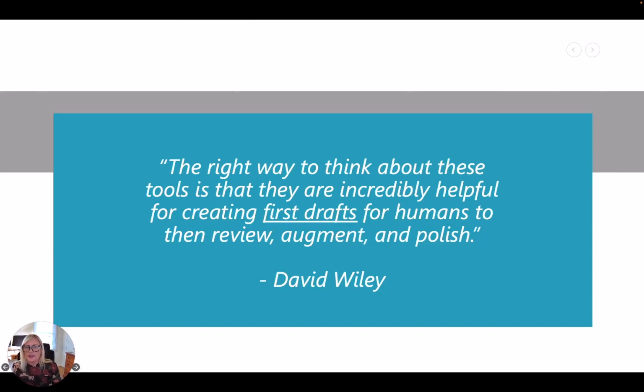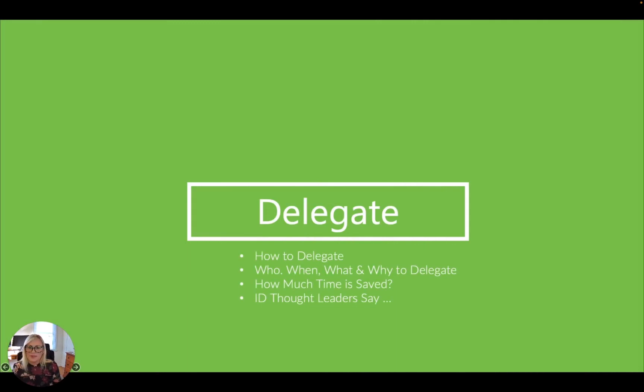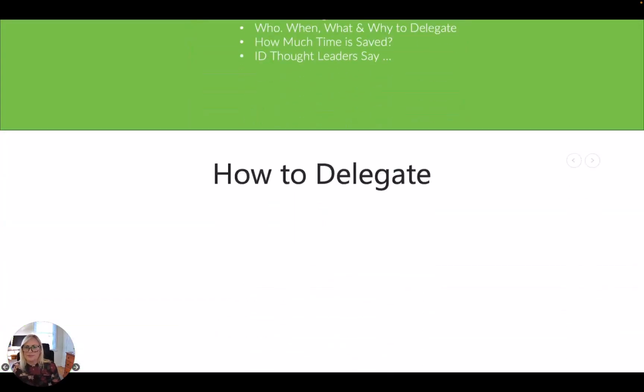He's also been the president of AECT, which is a great organization to get involved in if you're an instructional designer. But he says the right way to think about these tools is that they're incredibly helpful for creating first drafts for humans to then review, augment, and polish. Really love that. So the first D, the first element of the DICE acronym, is delegate.